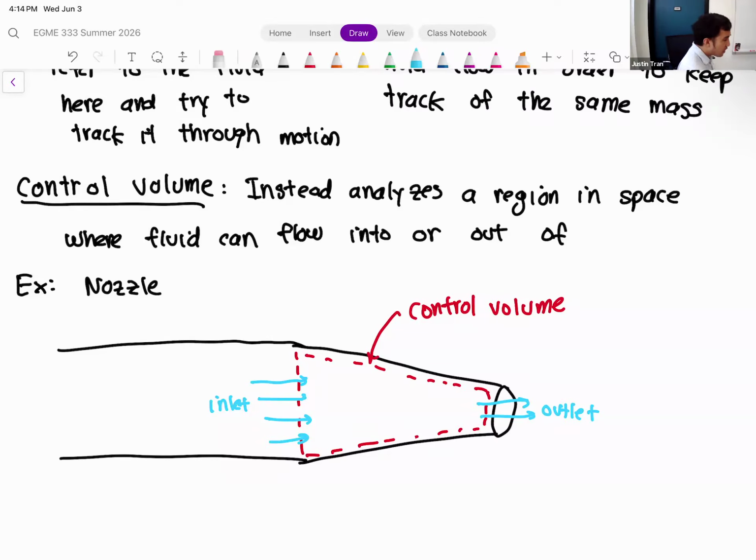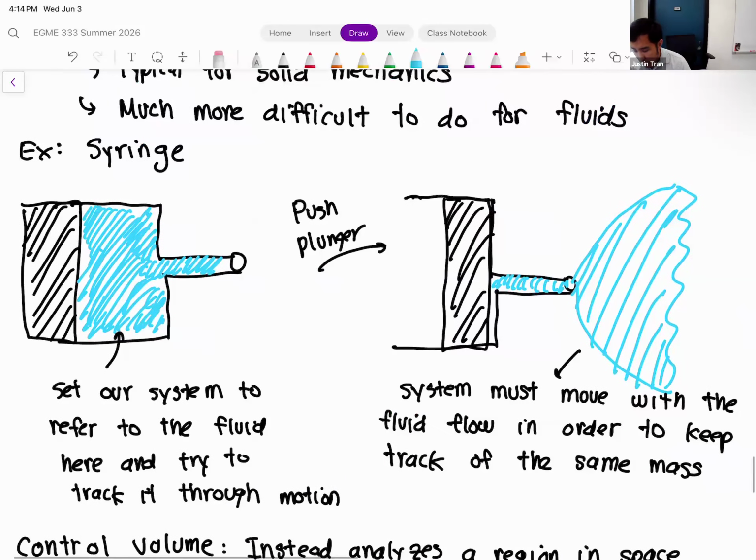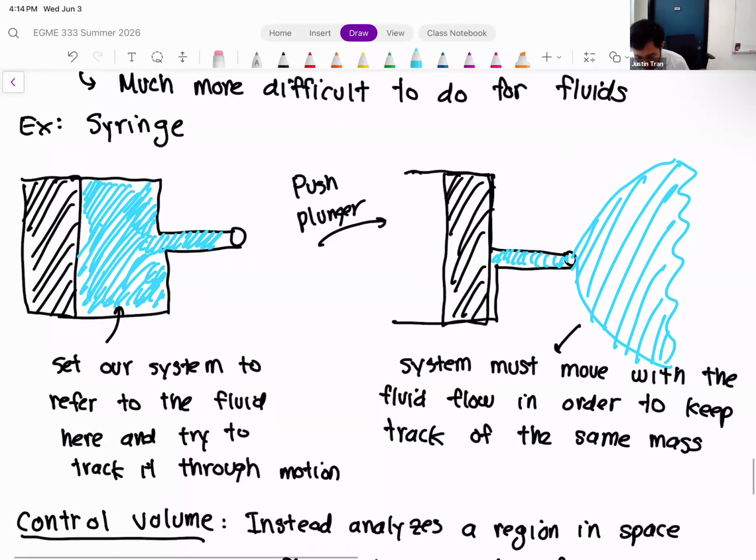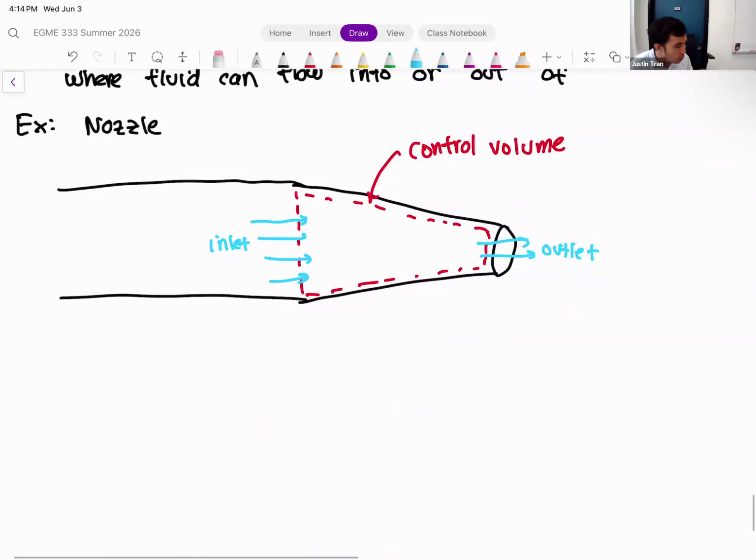You don't have that in the systems approach, because you're looking at a fixed amount of fluid mass. There's no fluid that can enter or leave a fixed amount of fluid mass because it's fixed. But for a control volume, you do have to consider the fact that fluid can enter and leave the control volume.